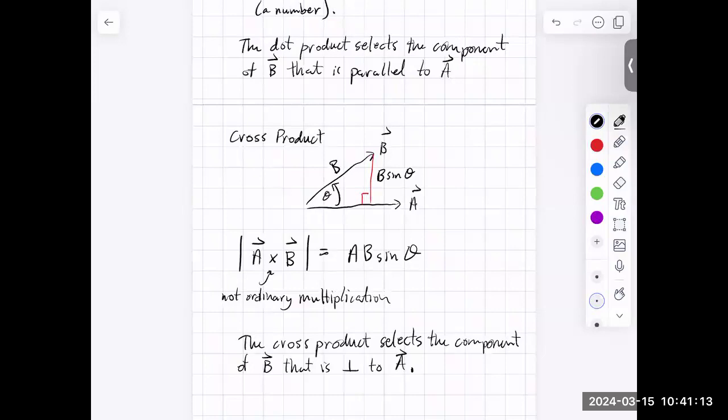There is one important difference that we haven't addressed yet, and that is the result of a cross product is not a scalar, it's actually another vector, okay?